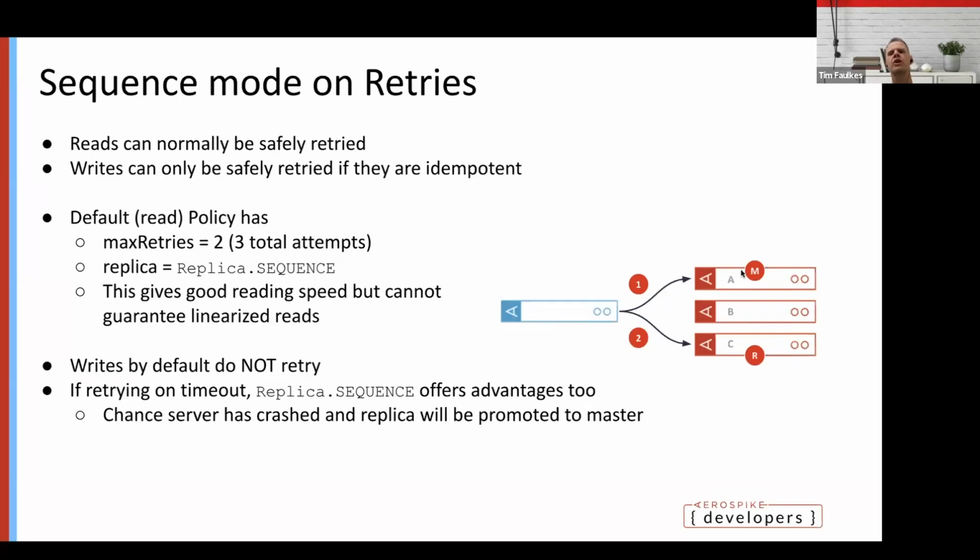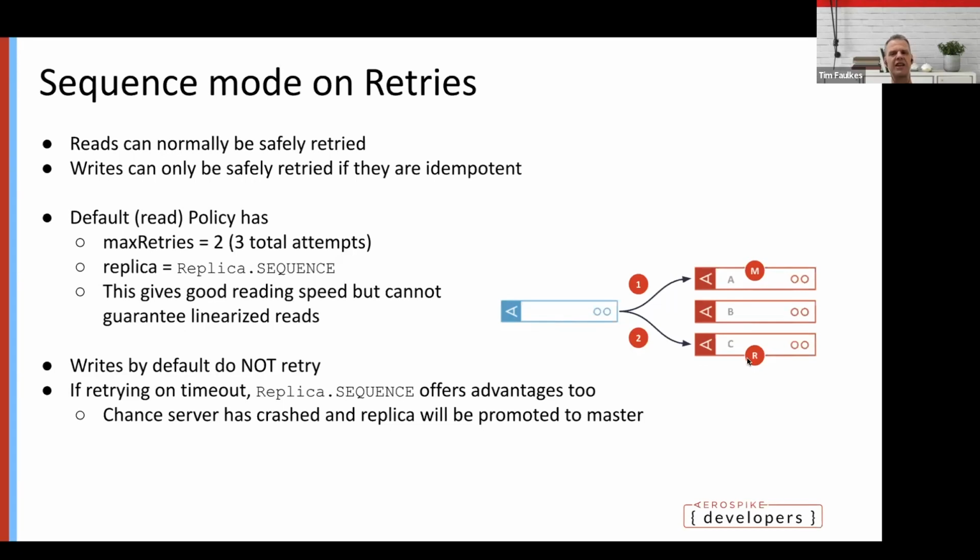The heartbeats we're sending back and forth between the nodes will take about a second and a half to say that master has died. Once the cluster has worked that out, the replica will get promoted to be the master. So if I'm retrying against the master, it's probably going to fail. But if I'm retrying against the replica, there's a possibility that replica has been promoted to be the master, and therefore that retry went to the right spot.